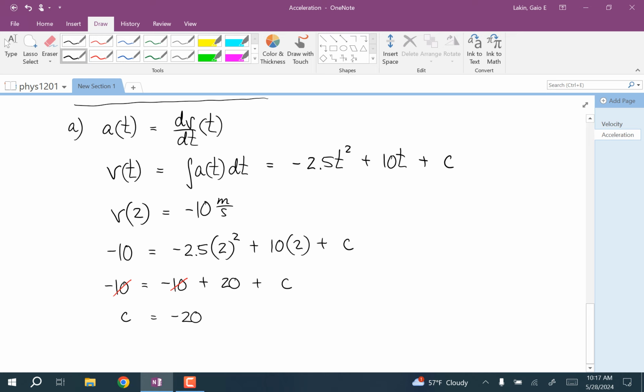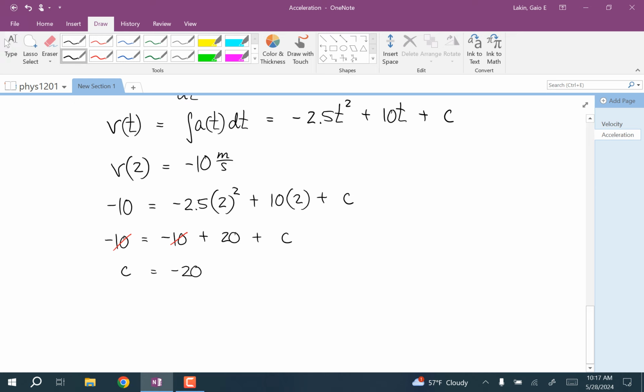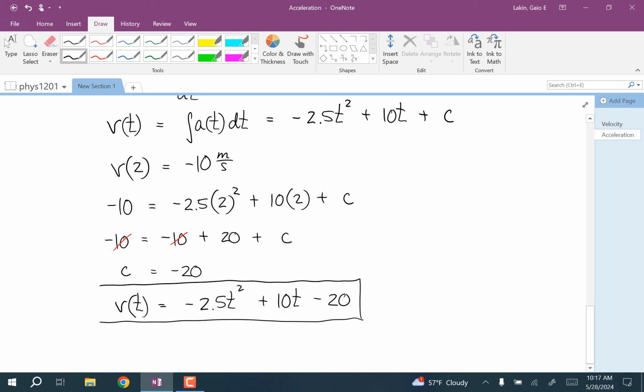That was the only thing we didn't know yet about the velocity as a function of time. So now we can give our final answer. Velocity as a function of time is equal to negative 2.5t squared plus 10t minus 20. And there you go. That's our velocity function.